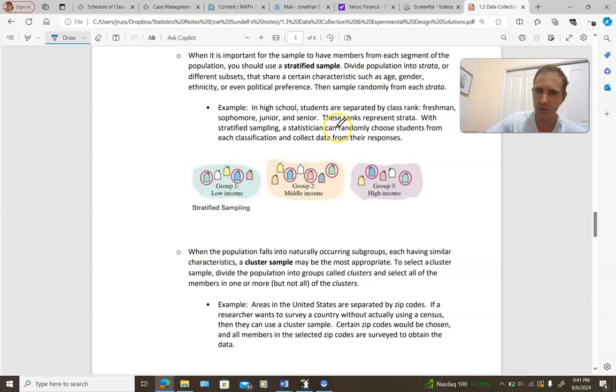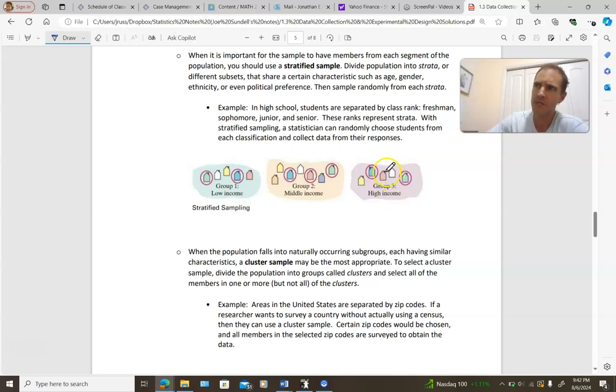And so typically what you would do is from each strata, you would select a random sample. Okay, so in this particular example here, if we've divided the population up into low-income earners, middle-income earners, and high-income earners, then from each of these strata, or from each of these segments here, you would randomly select a few. Okay, so you'd select a few low-income earners, a few middle-income earners, and a few high-income earners.